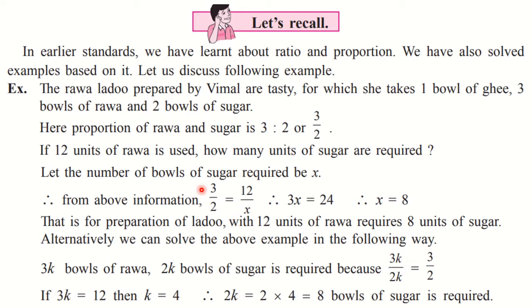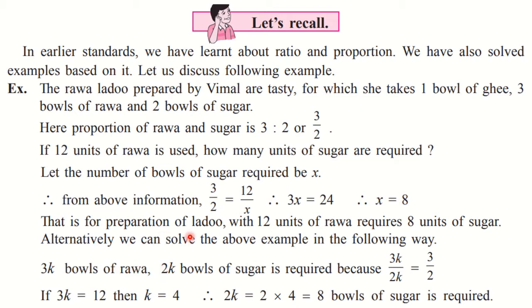If we cross multiply we get 3x equals 24, and from that x equals 8. So if 12 units of rava are taken for the laddu, you require 8 units of sugar. This way, if we know one quantity we can find the other quantity by using the given ratio.